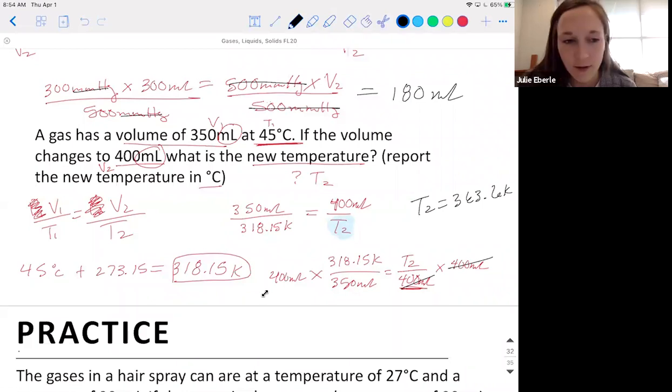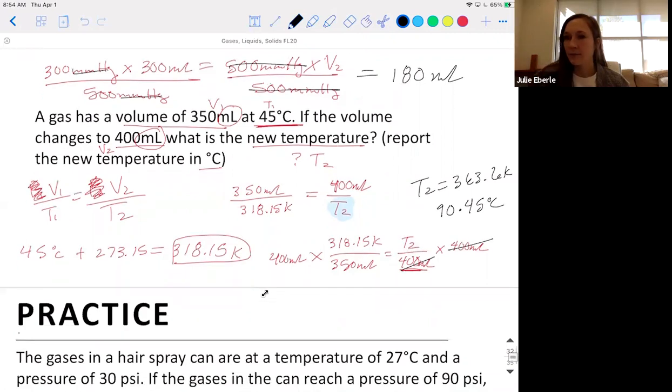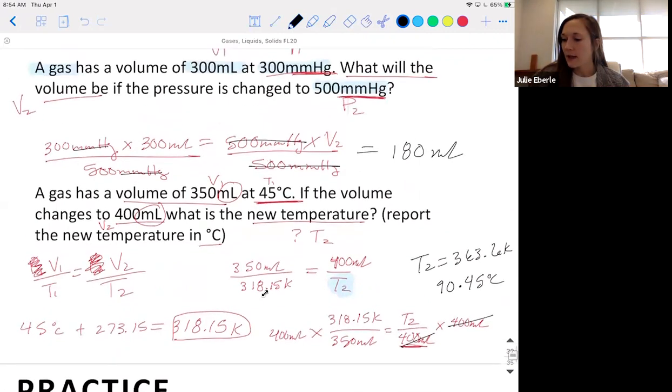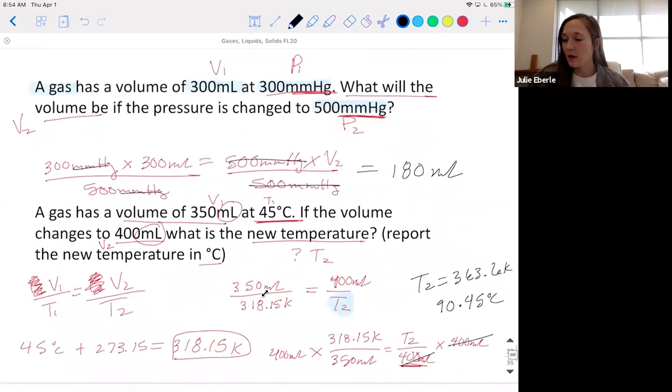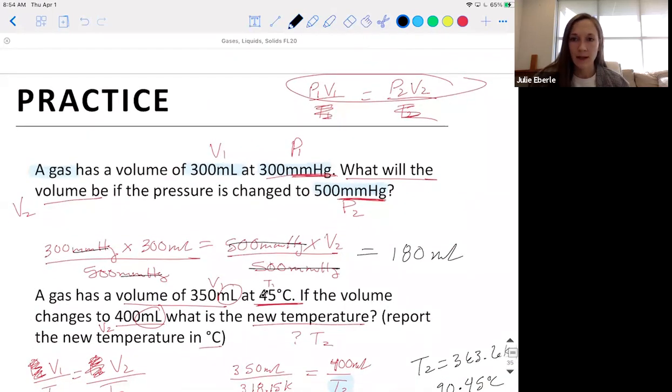So just go ahead and go the extra mile. 90.45 degrees Celsius. All right. So that was technically a Boyle's law and a Charles law, but again, just worry about the combined gas law and then take out the piece you don't need.